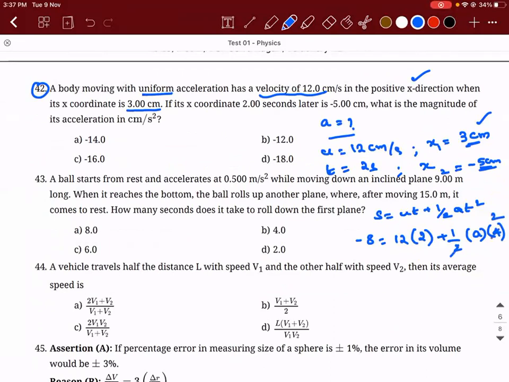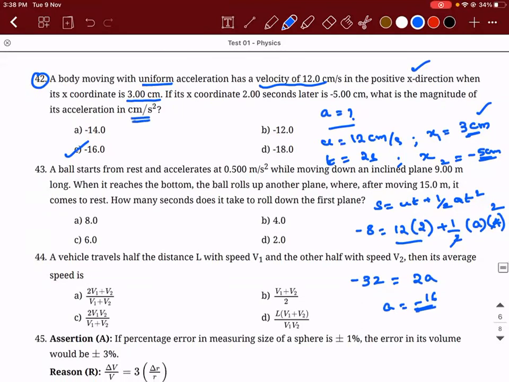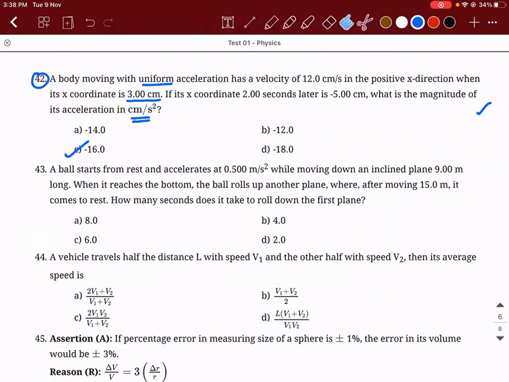So this will become 2 times a. This 24 comes to the other side, minus 32 is equal to 2 times a, so a is equal to minus 16, and this is the answer, in terms of centimeter per second square. Can I go a little faster? Yes, sir. Done.